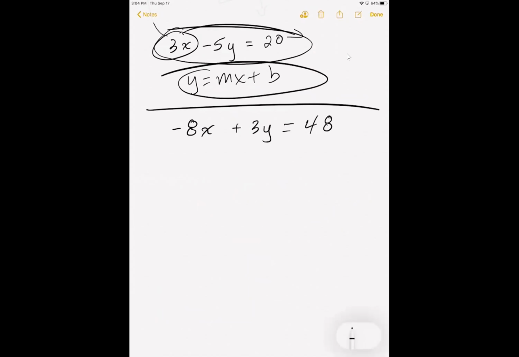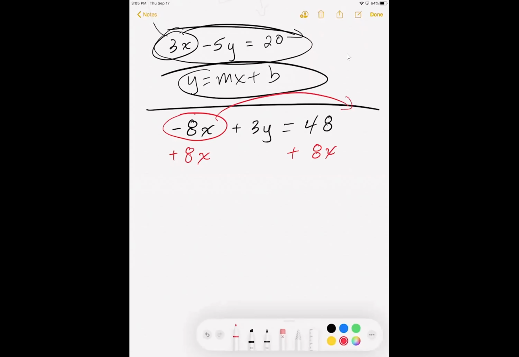And by this time, hopefully you guys see that it's consistently the same. To get y by itself, I need to remove my x. And to remove my x, I need to subtract, or in this case, I need to add. And if I add them, my new problem will give me 3y equals 48 plus 8x.